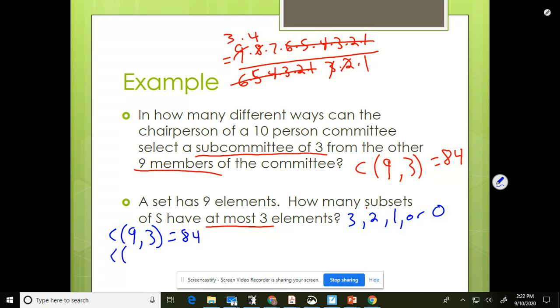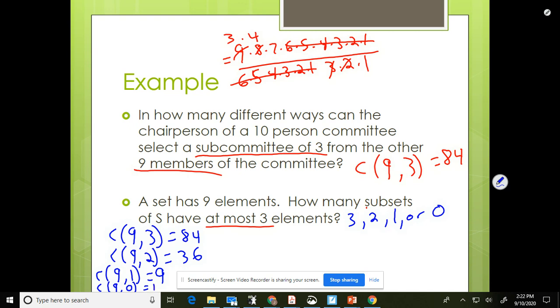Then we can find if they have 2 elements. Okay, 9 choose 2 ends up as 36. I'm not going to show all the work on that. Then I have 1 element, ends up as just 9. And then picking 0 elements, which would just be the empty set.